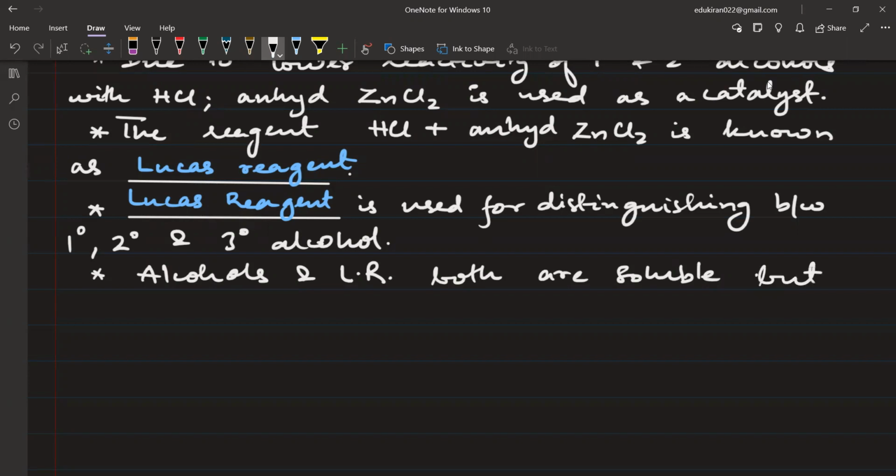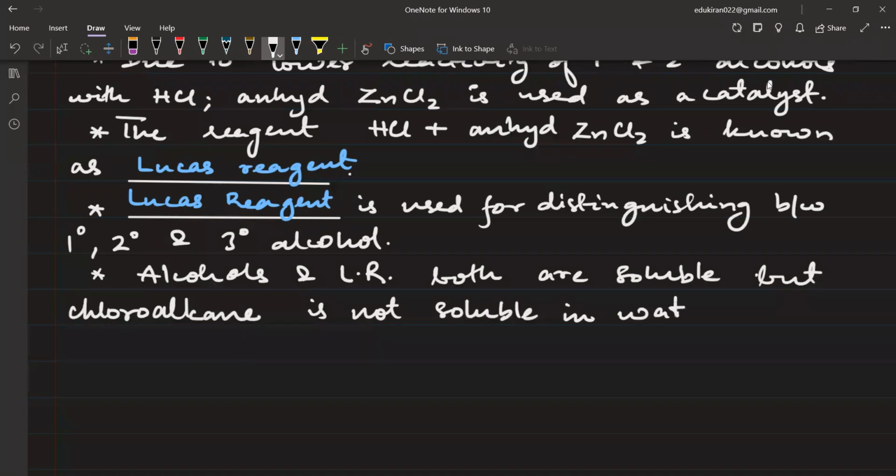But chloroalkane is not soluble in water. Hence, it forms turbidity.